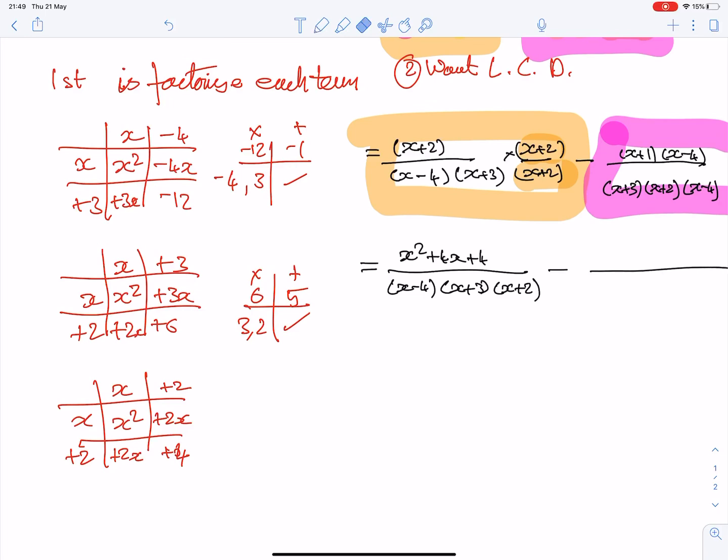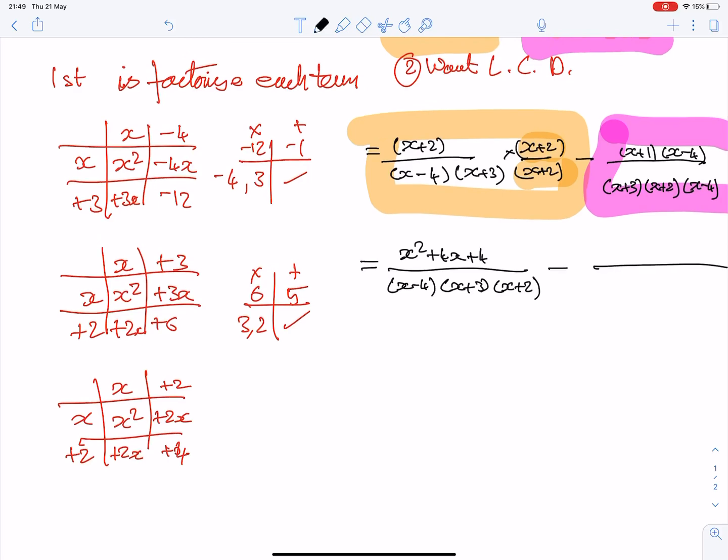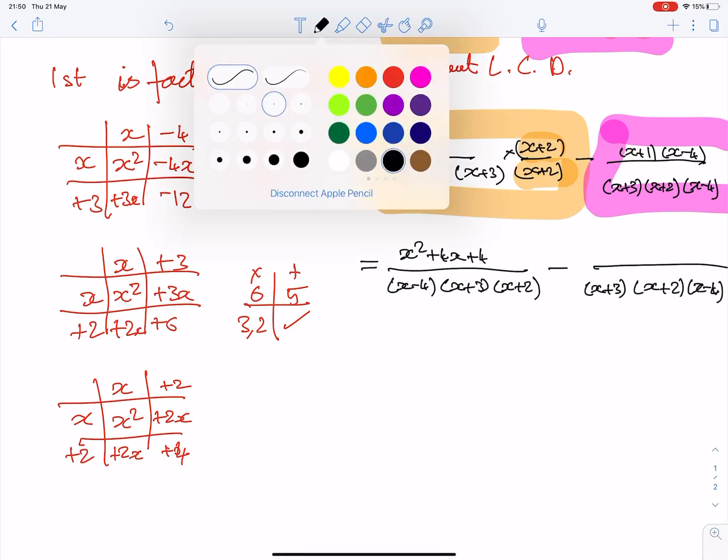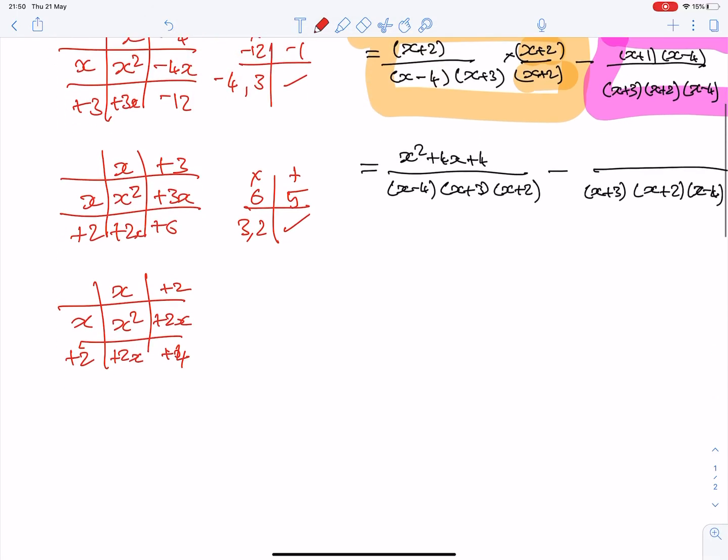If we check, yeah, we've got x plus 3, x plus 2 and x minus 4. And on the top, we can use our grid again to expand, and we've got x plus 1 and x minus 4 to give us x squared plus x minus 4x minus 4.